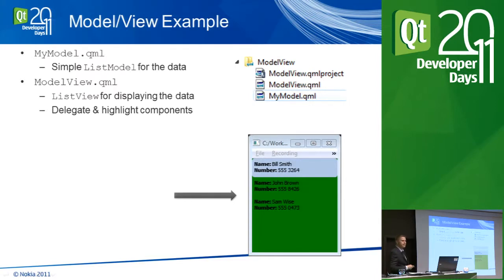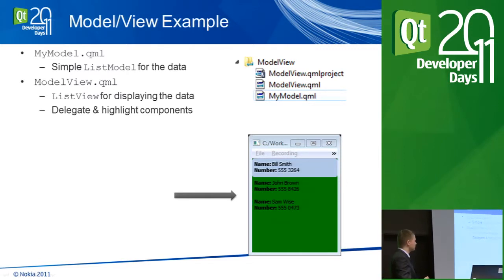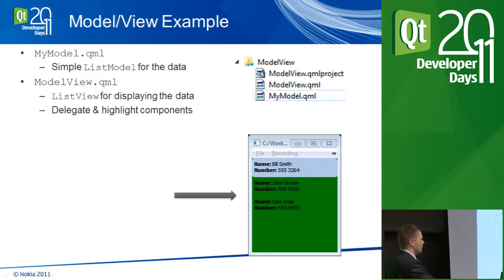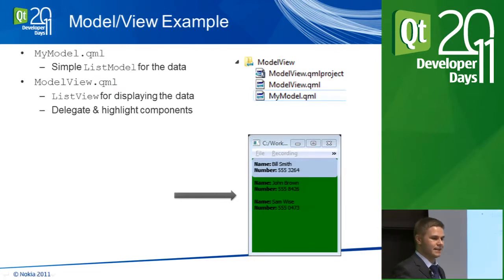And then we have this delegate that we saw before that implements how any item in the data should be made visual. And this is what we want in this case. We want a list of person details, name and phone number.